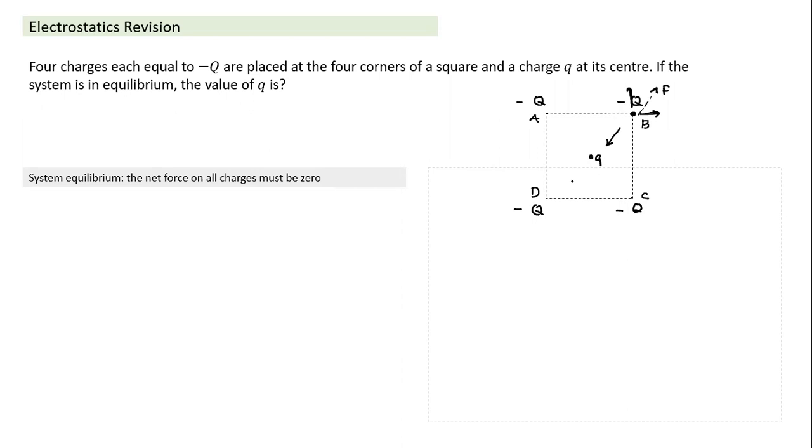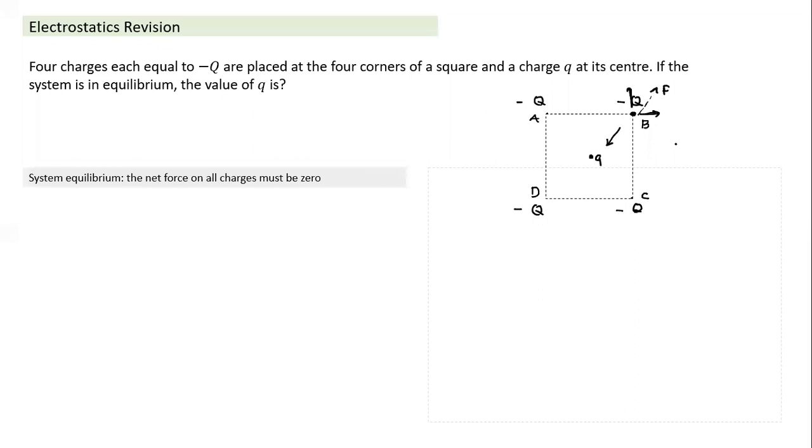So one way of solving this question: before the center charge was placed, B was experiencing three forces, due to A, C and D. Let's find the resultant of those three forces. So when we place this charge, small q, it should exert an equal and opposite force.